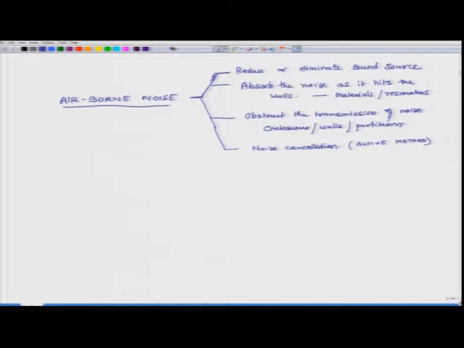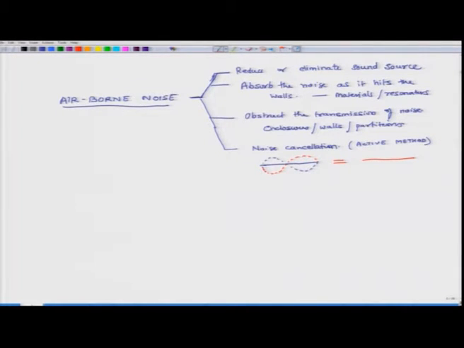Suppose the type of noise which reaches the end point is something like this, a perfect sinusoidal wave, and at that point itself, if you generate an anti-noise signal which looks like the curve in red, then the sum total will be a zero noise level.